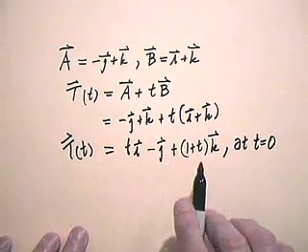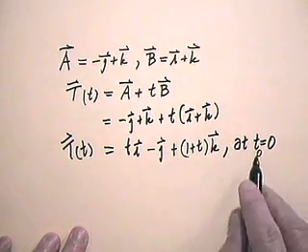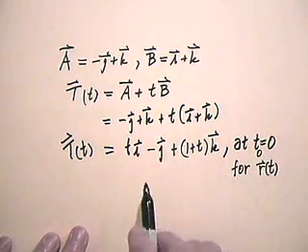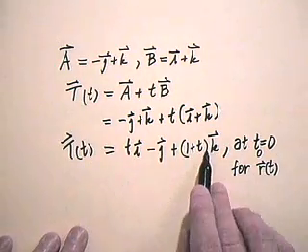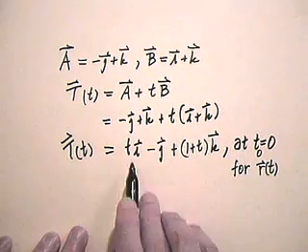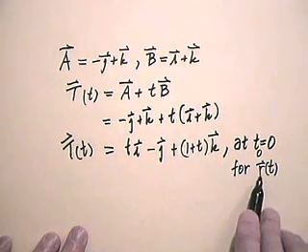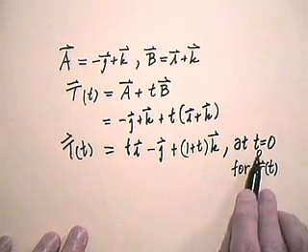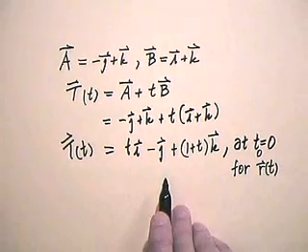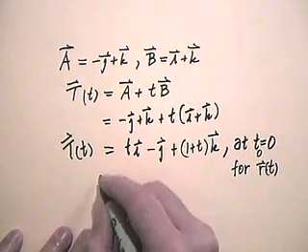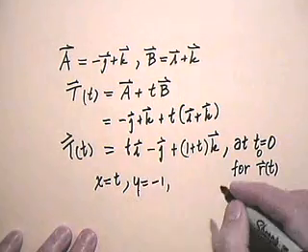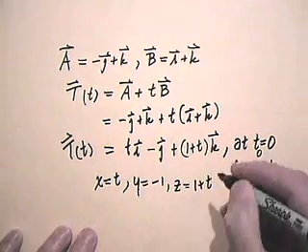And here, that's the t naught equals 0 for r of t. So notice this is a vector function of time t, but this is not the same function as r of t. This is the tangent line to this curve at the instant t naught equals 0. If I wanted this, for instance, in ordinary coordinate parametric form, this says x equals t, y equals negative 1, and z equals 1 plus t.